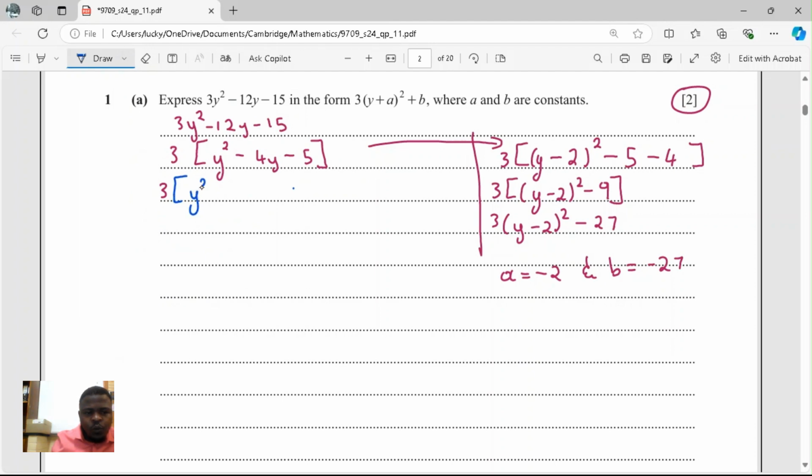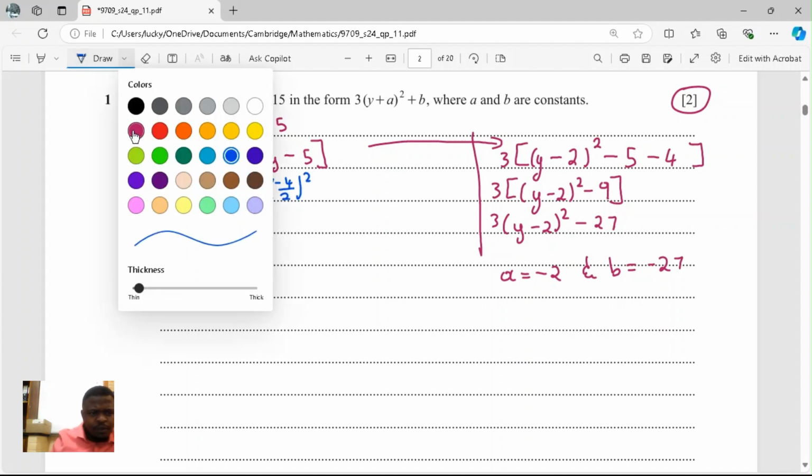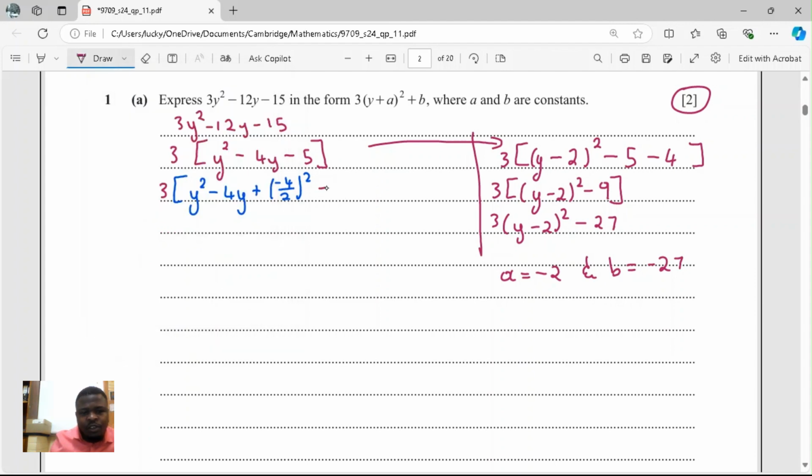For y squared, I keep the same, minus 4y. I'm going to add half of negative 4 squared, right? And at the same time, subtract half of negative 4 squared. Then I still have my minus 5.